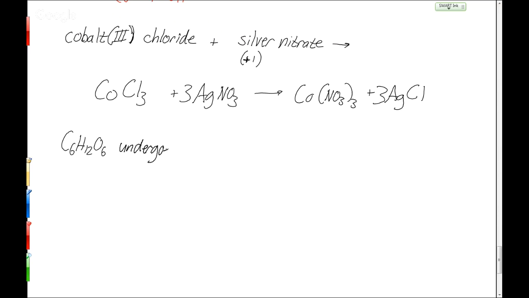And then you switch. So the cobalt goes with the nitrate, but it's still +3. So it has to go Co(NO3)3. And then the silver goes with the chloride. So that's not balanced. So we have to do that to balance it.